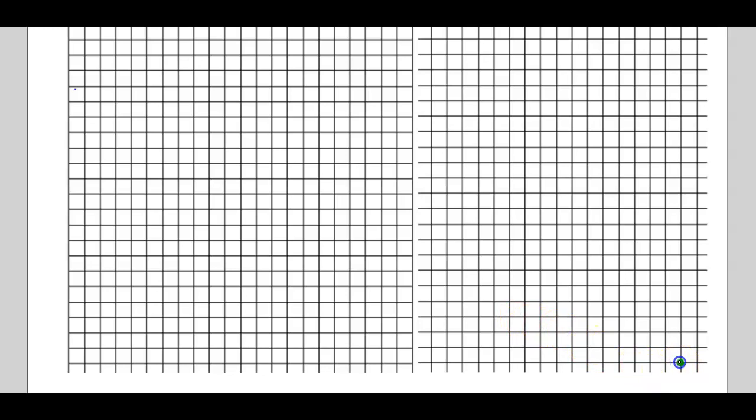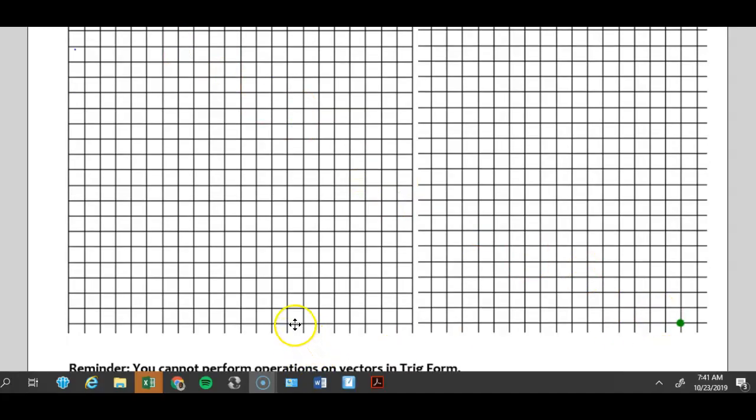We've got to go to u. u was negative 9, 3. So I'm going to go left 9, 1, 2, 3, 4, 5, 6, 7, 8, 9, up 3, 1, 2, 3. So there's the first u.